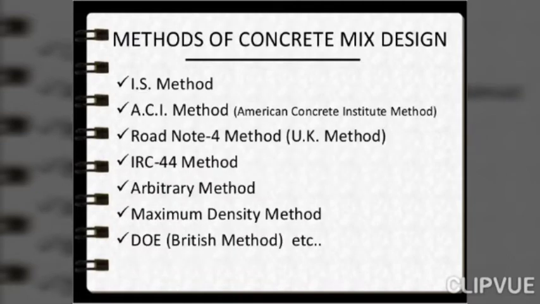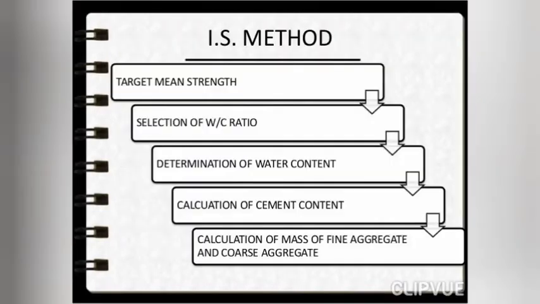So what are the methods of concrete mix design? IS method, ACI method, Road Note 4 method, IRC 44 method, arbitrary method, maximum density method, DOE, British method. IS method.